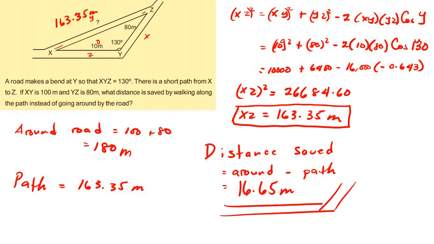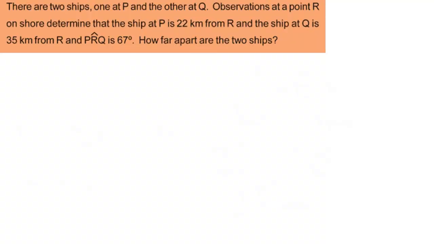Okay, next problem. There are two ships, one at P and the other at Q. Observations at the point R on shore determine that the ship at P is 22 kilometers from R and the ship at Q is 35 kilometers from R, and PRQ is 67 degrees.